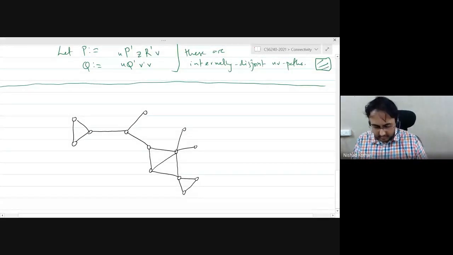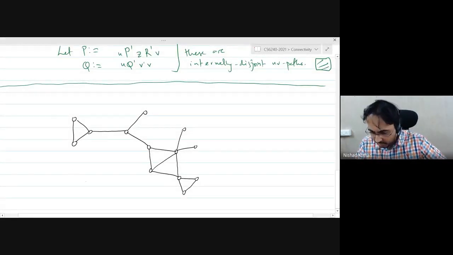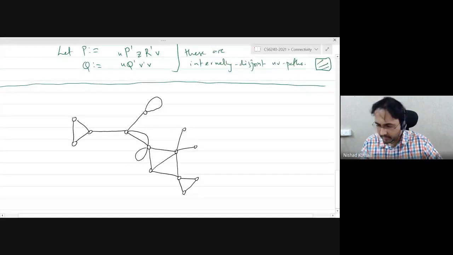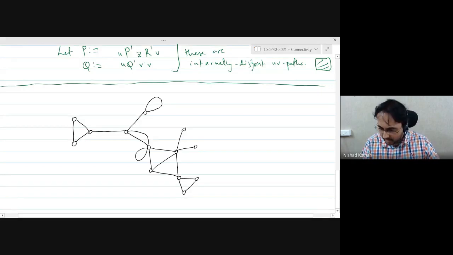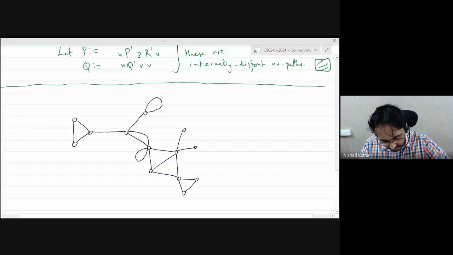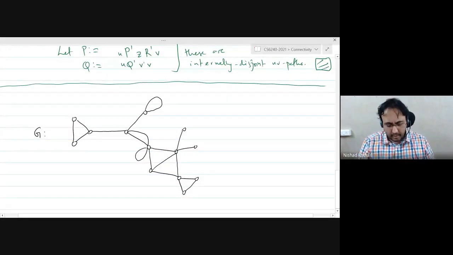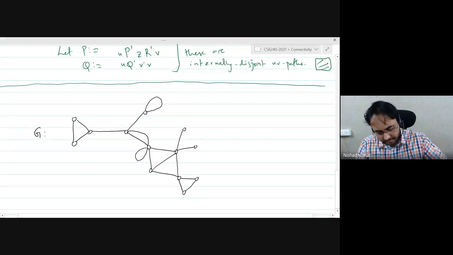Okay, so let's look at this graph. I want to make it slightly more complicated because I want to deal with all graphs and not just simple graphs. Okay, so let's look at this graph here. You've got some parallel edges, you've got some loops. So let's look at all the cut vertices of this graph.